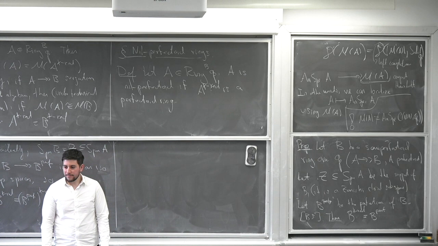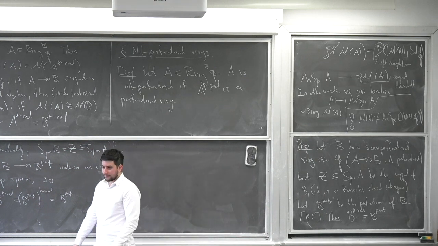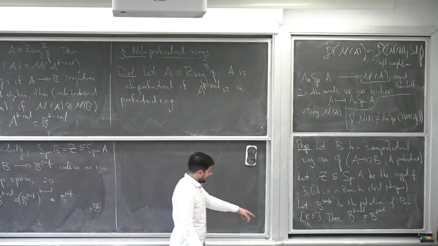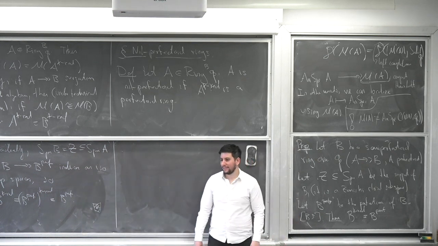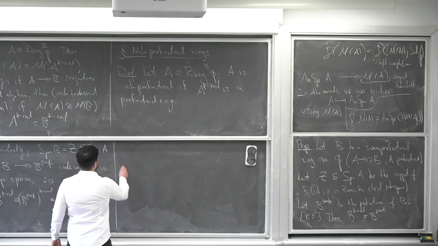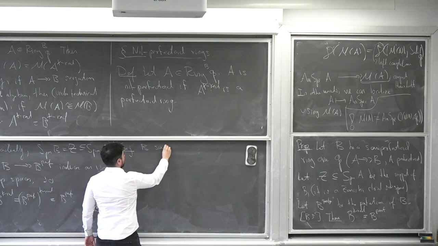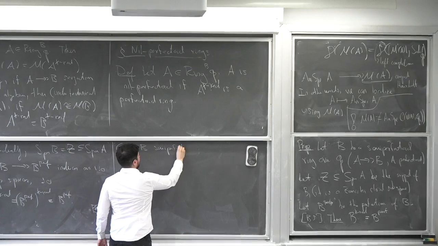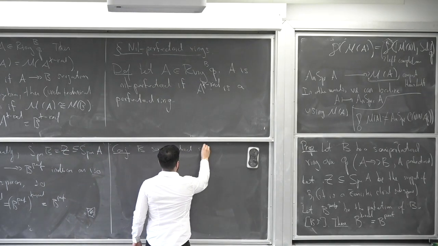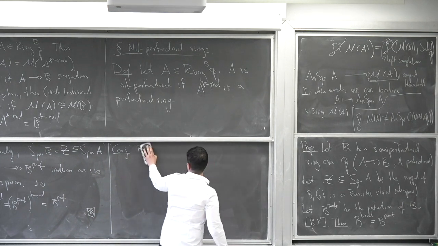Is there an a priori reason why the dagger reduction is automatically perfectoid, without using this? I told you how to prove it, but I think it's wrong. So maybe, I don't know, a conjecture: let B be semi-perfectoid such that, or maybe just prove the proposition.